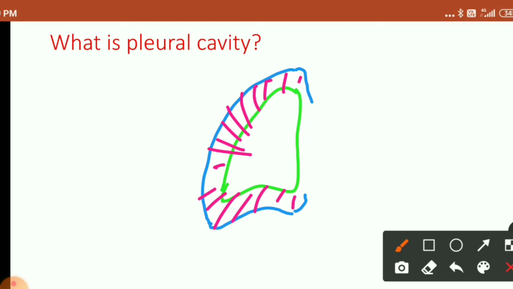Now, the pleural cavity contains mainly serous fluid. And you know that this pleural cavity has some functional significance. First, the serous fluid present in the pleural cavity helps during inspiration and expiration of the lungs, so that the lungs can inflate and deflate against the thoracic wall without any friction.